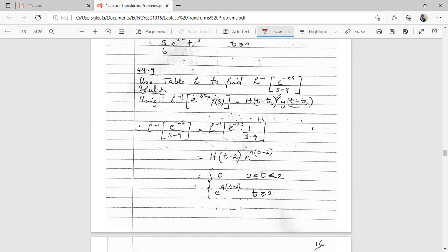Now remember, the Laplace inverse of 1 over s minus 9.